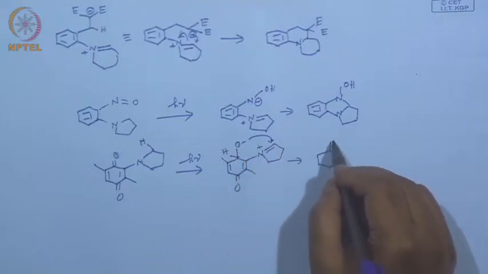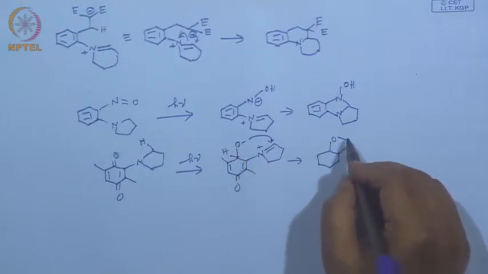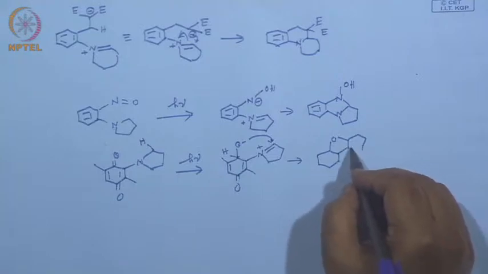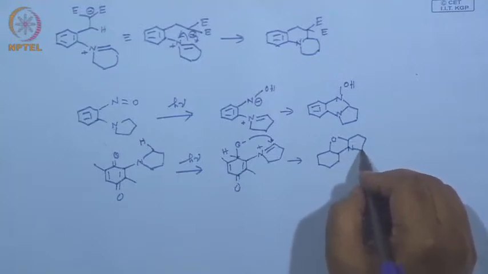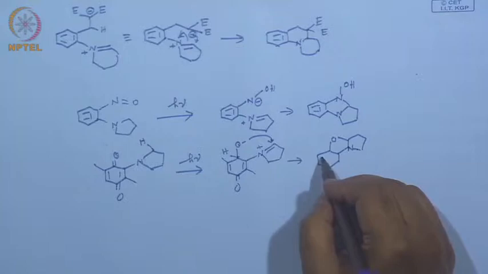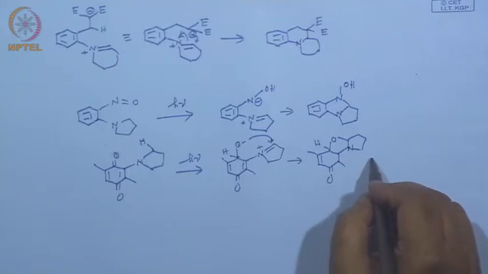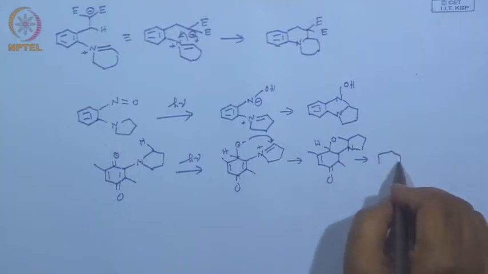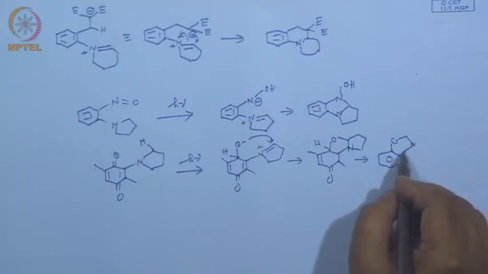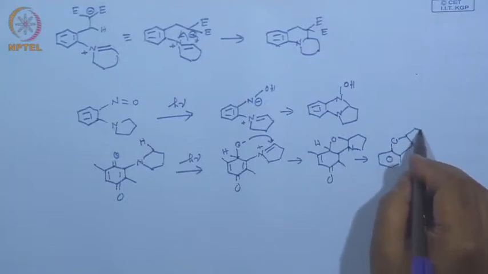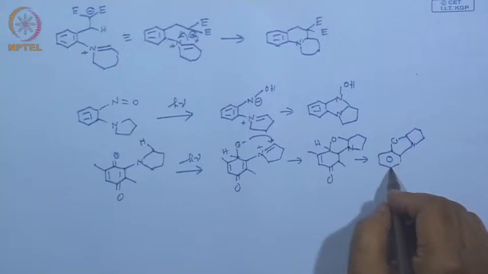So you have a 5-membered ring system, and another 5-membered ring system with a bridgehead nitrogen, and the quinone. Now, all of us know what the next phase is: basically aromatization, with this 5-membered ring, this OH and this.